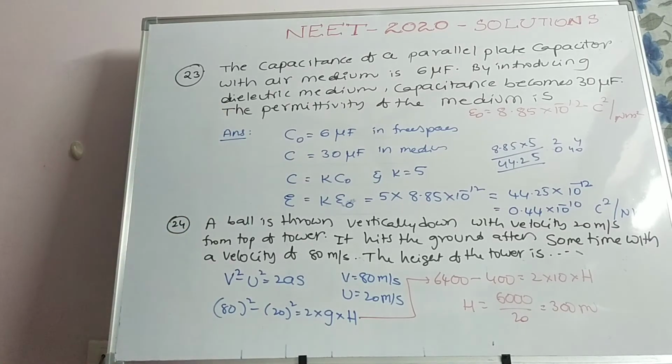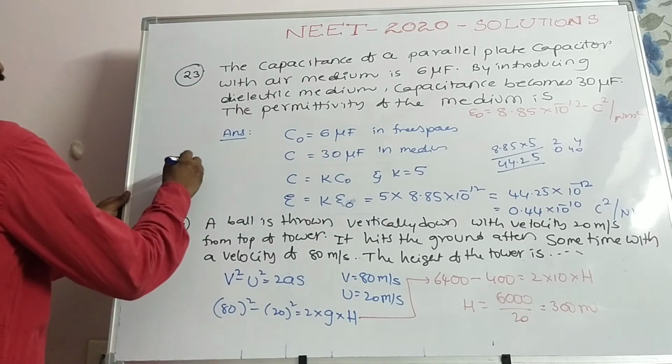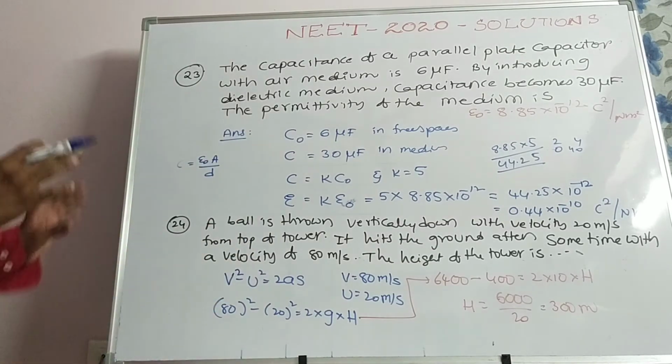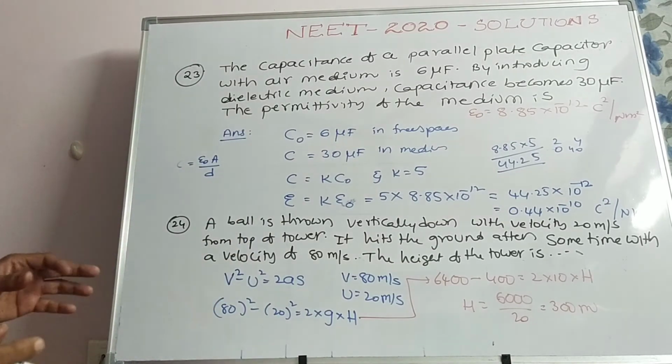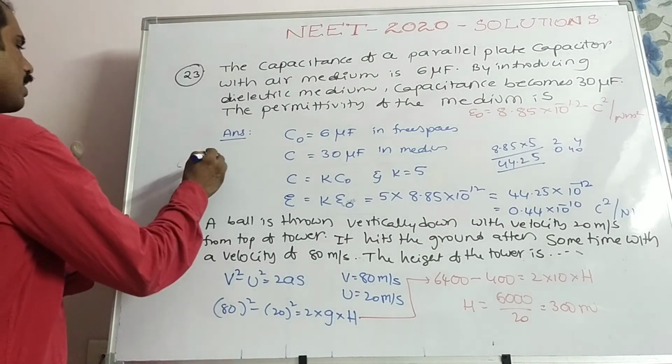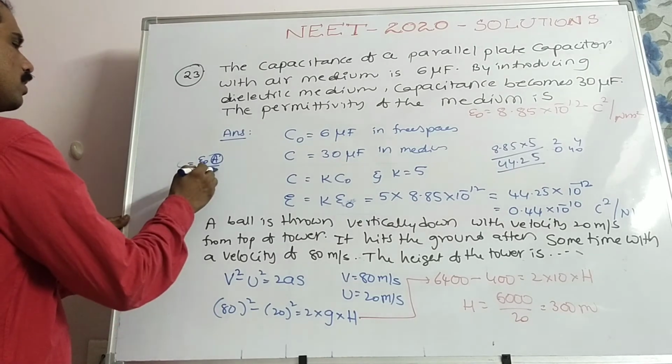We know C is equal to K into C0, and C is equal to epsilon naught A by D. They only change the dielectric medium, but the capacitor is the same. The separation between the plates is the same, the area is the same, so D is the same.